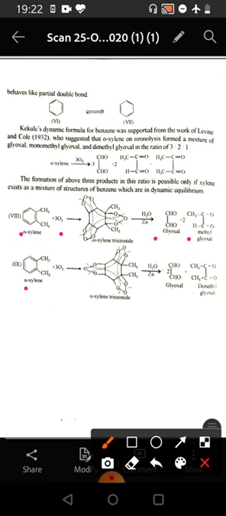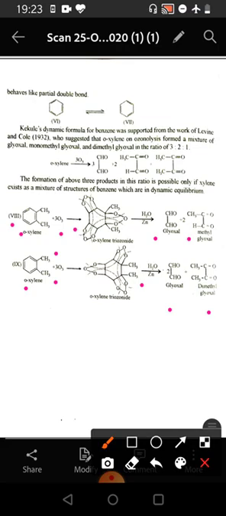Next, we consider the structure in which there is a single bond between the two carbons bearing the methyl groups. This on ozonolysis forms two molecules of glyoxal and one molecule of dimethyl glyoxal. Now, if there was no dynamic motion, then we would have got two molecules of methyl glyoxal and one molecule of glyoxal from this structure.